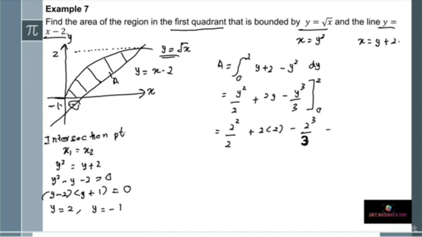If I substitute 0 in this function, it becomes 0. Press the calculator correctly and you should have 10 over 3. Again, don't forget units squared. Done with example 7.